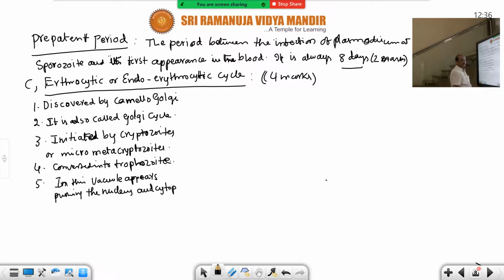Periphery means around, the margin of the cell. Nucleus and cytoplasm towards the periphery. All these stages I will give you in the diagram, you can see here.